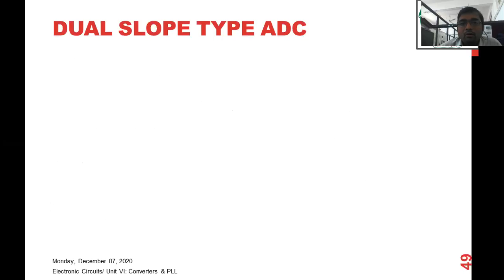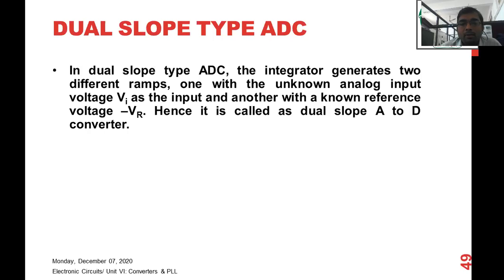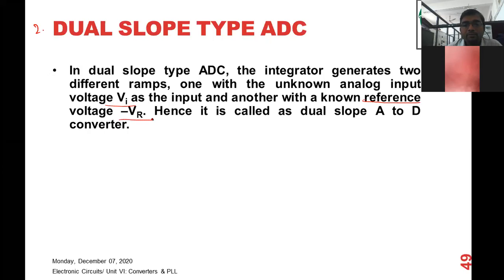Okay. Now we go to the second type of analog to digital converter, that is the dual slope A to D converter. This is the second one that we have to learn here. In the dual slope type ADC, the integrator generates two different ramps, one with the unknown analog input voltage Vi as the input, and another with the known reference voltage minus Vr.